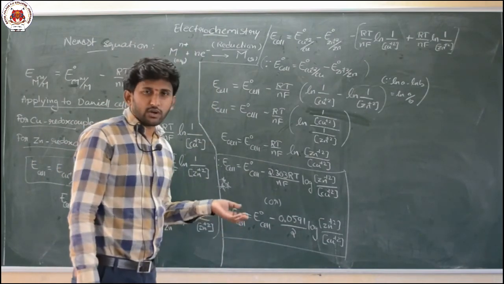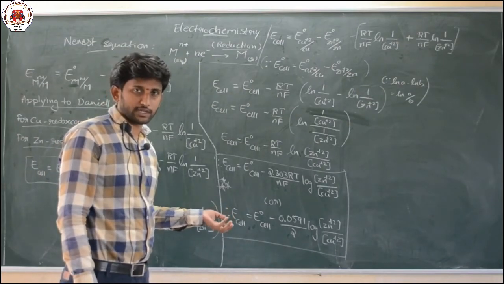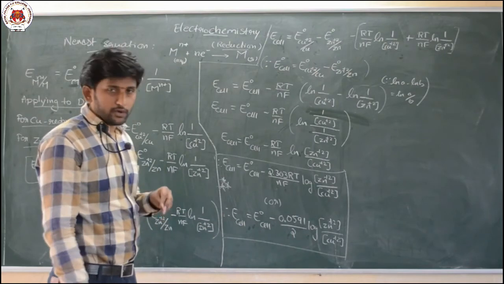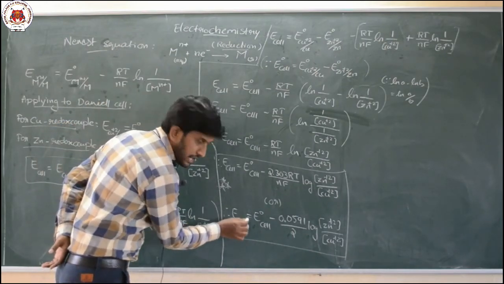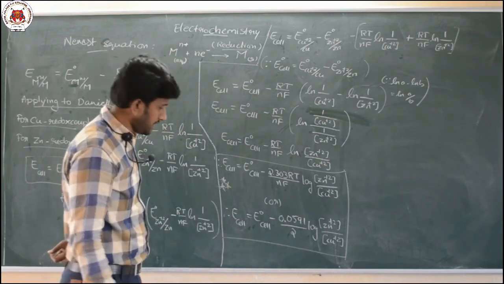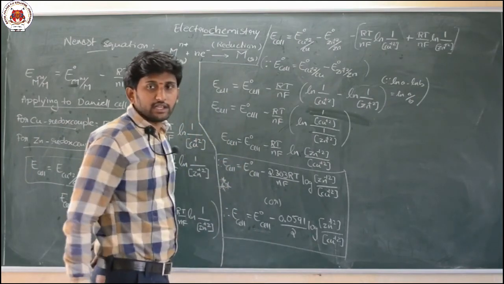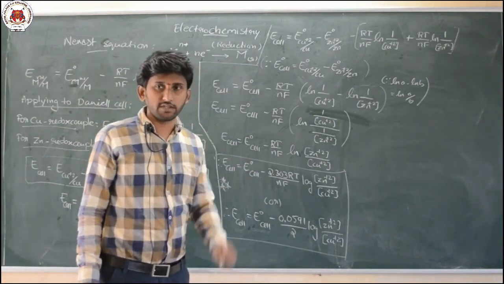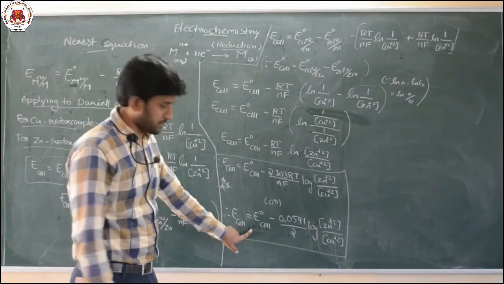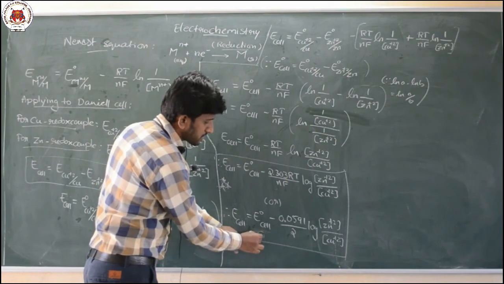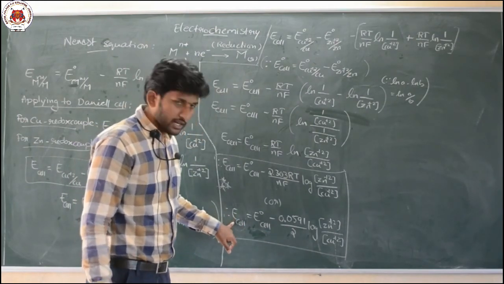Now what is the use of this equation? What information can you get from it? If you clearly observe this equation, you know that E naught cell is constant, right? E naught cell means the standard EMF of the cell at 1 molar concentration. It is 1.1 volt, always constant. So leave this constant aside.